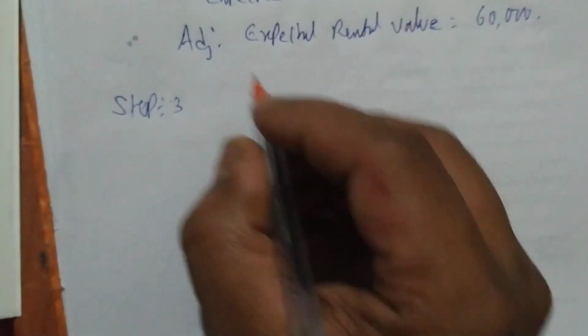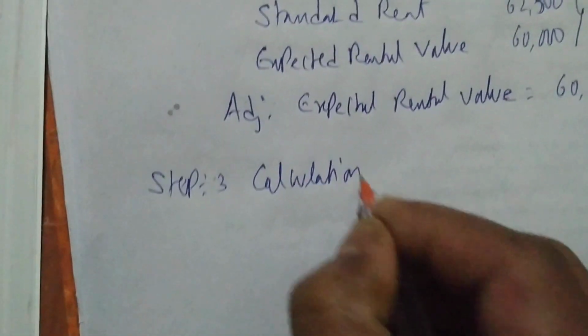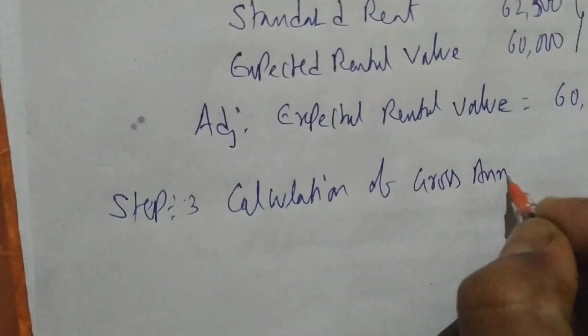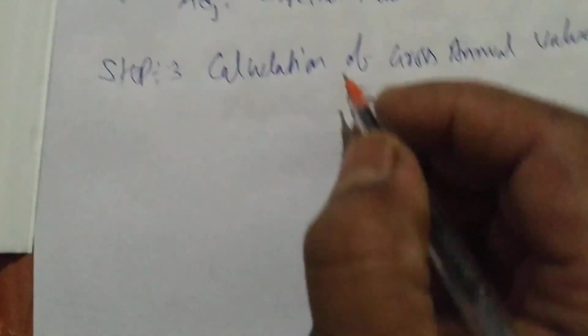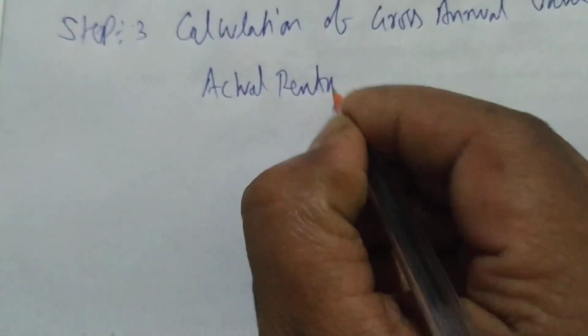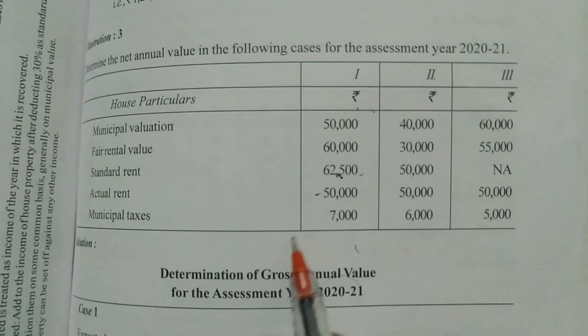Okay, next step number 3, calculation of gross annual value. How to find out gross annual value? Very easy. We want actual rental value. How much is this actual rental value? 50,000.